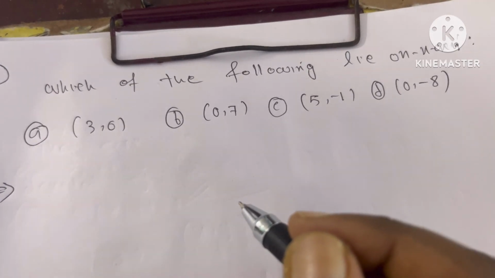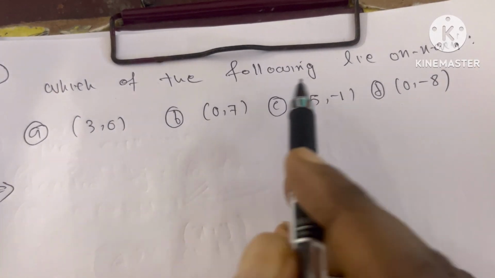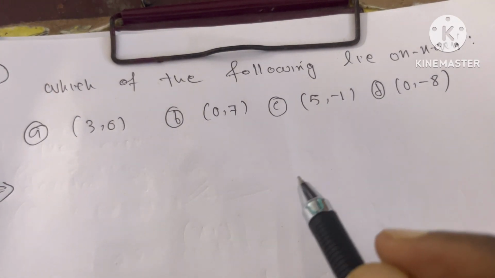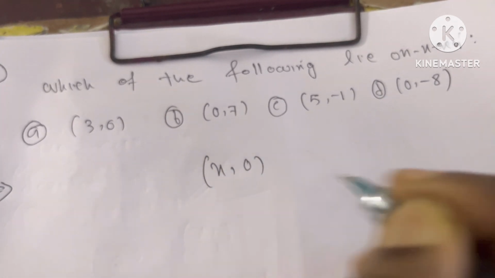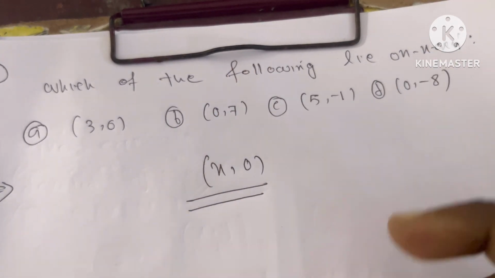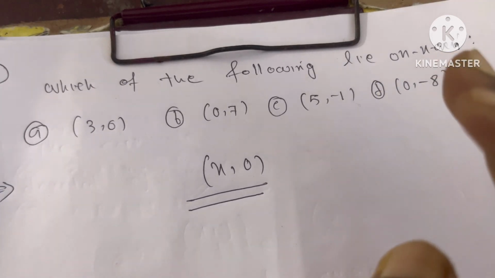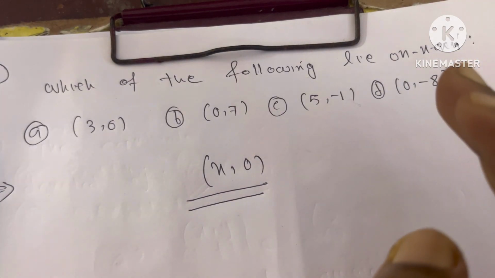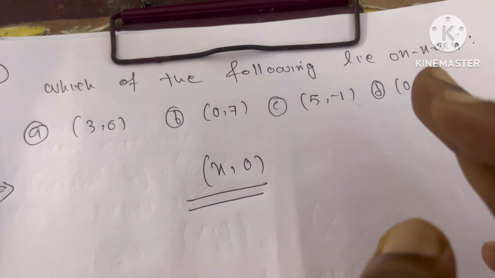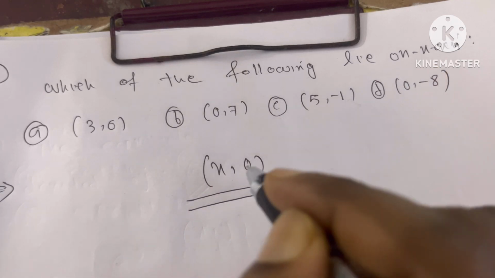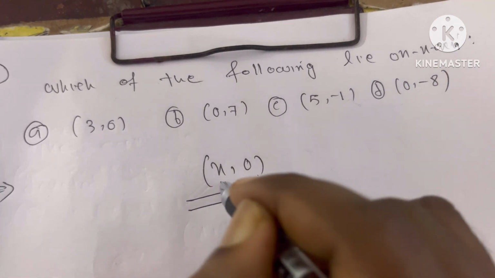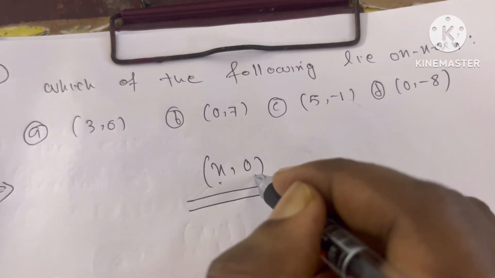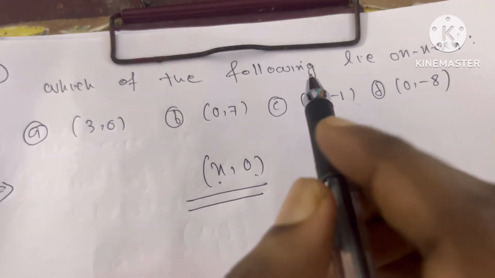Question number 8: which of the following lies on the x-axis? This is also very simple. As you know, the coordinate of a point on the x-axis is (x, 0), because on the x-axis the value of y is 0. So this type of point lies on the x-axis.